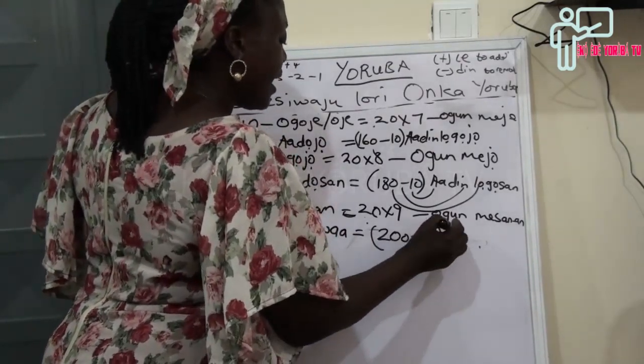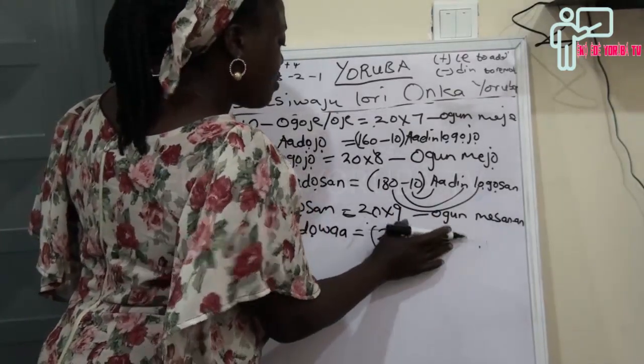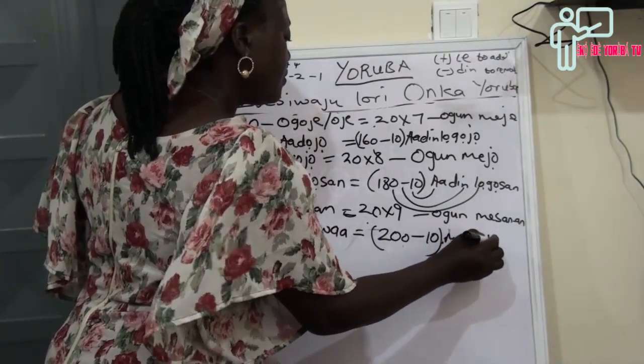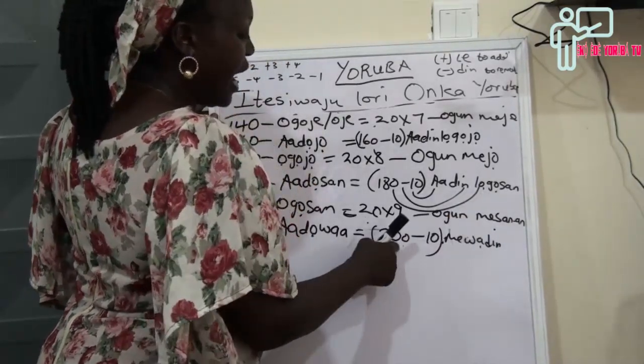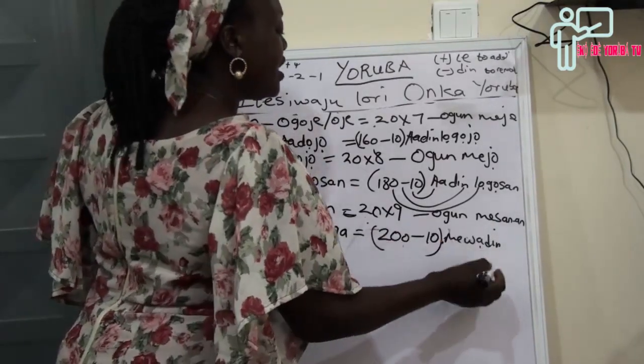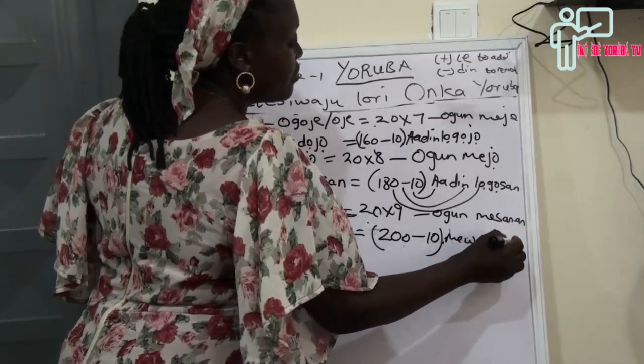So let's write mẹ́wàá dín láàdọ́wàá. But remember I say igba. Mẹ́wàá dín ní igba. So we can say mẹ́wàá dín igba.